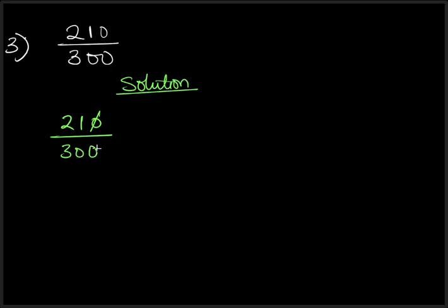You cancel the 0 at the end, and that will give us 21 all over 30. So what can divide? 3 can divide. 3 into 21, 7, and then 3 into 30 will give us 10. So this will be 7 all over 10.